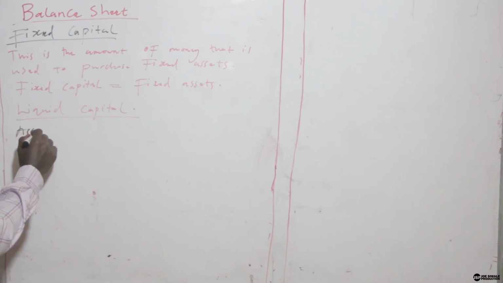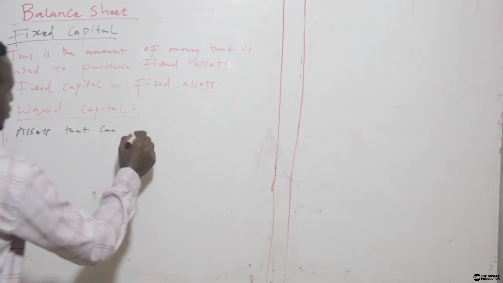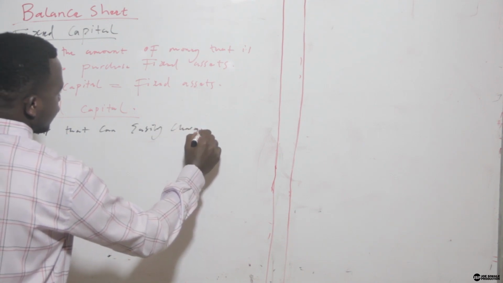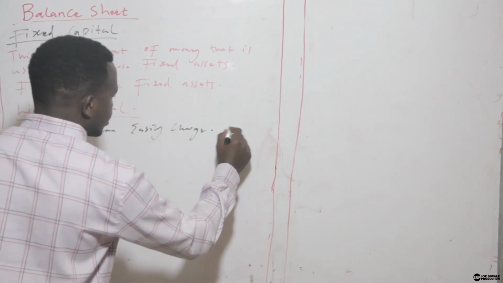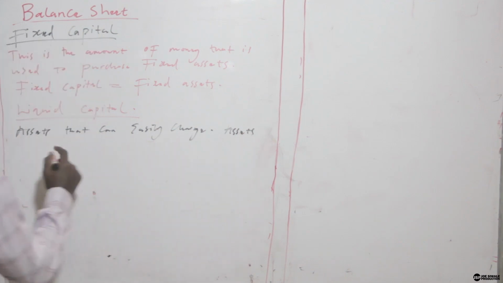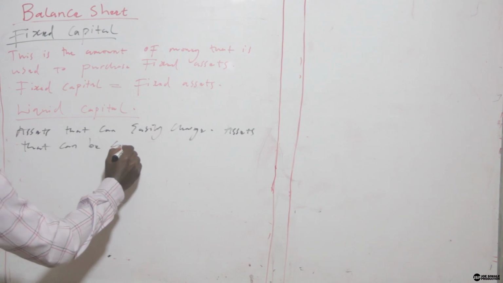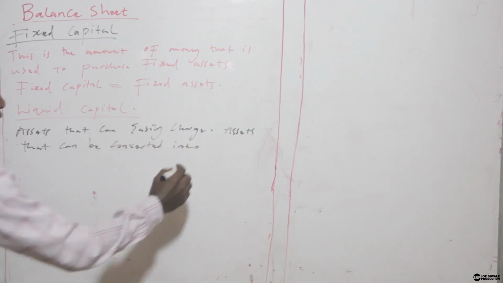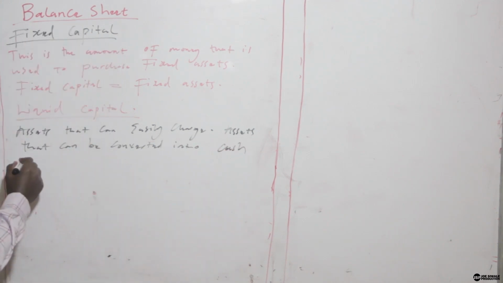So assets that can easily change form, or can be defined as assets that can be converted into cash quickly.